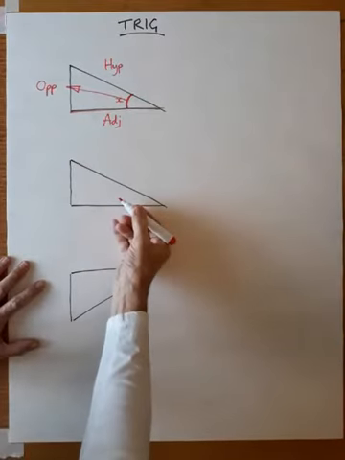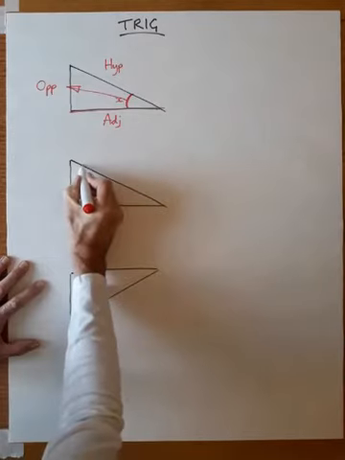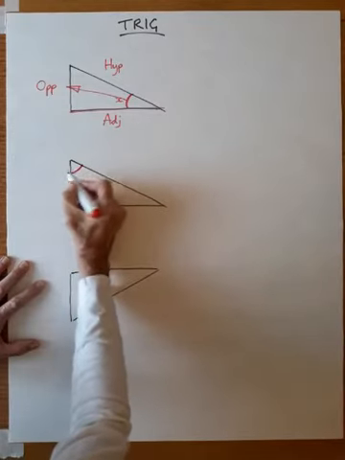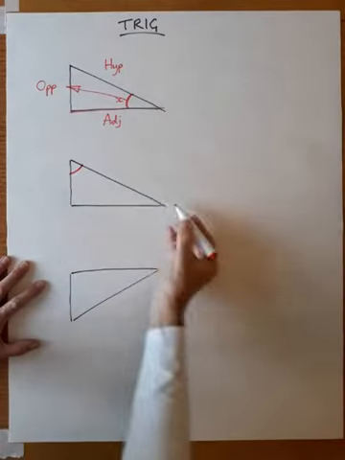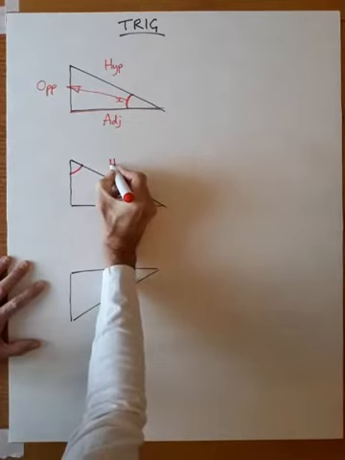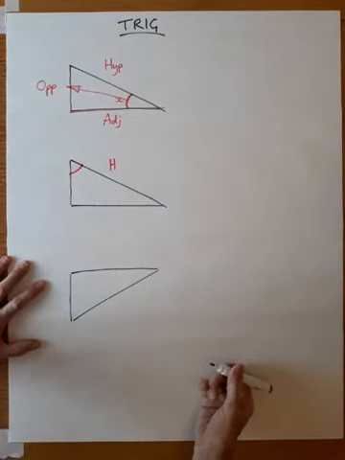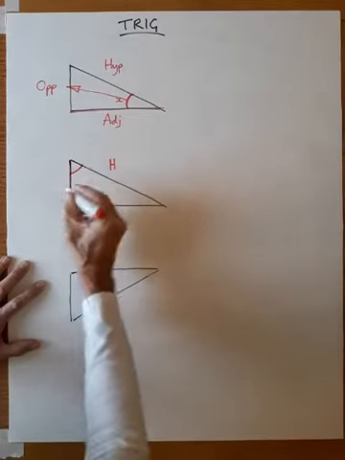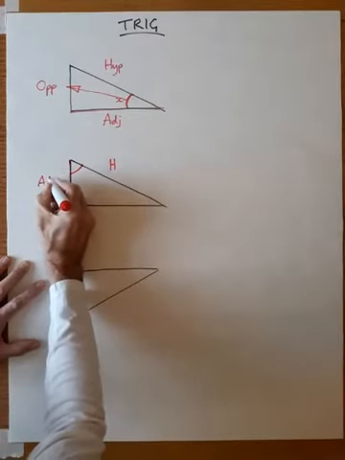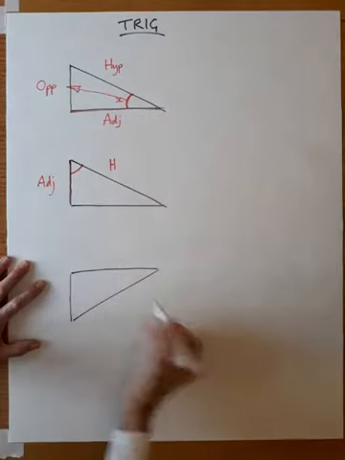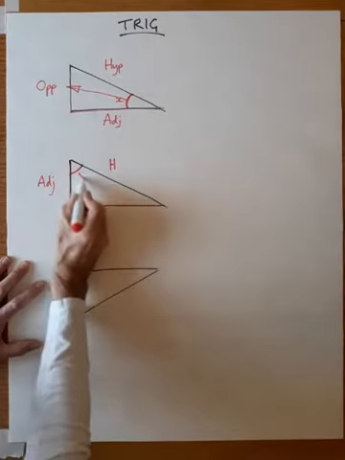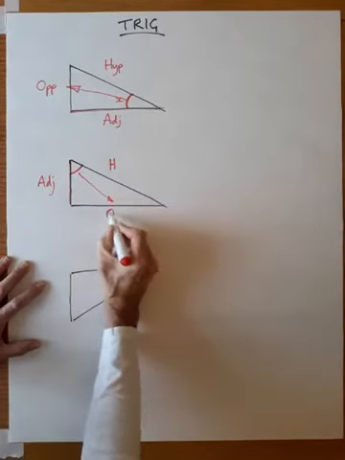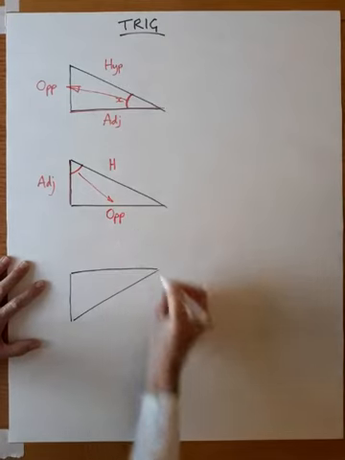Let's move to this triangle. And if we are given this as our angle, the longest side is always the hypotenuse. This angle now touches this side, so this side is our adjacent. And this side is opposite where the angle is.